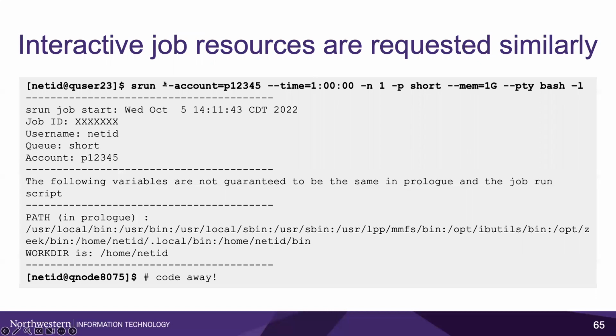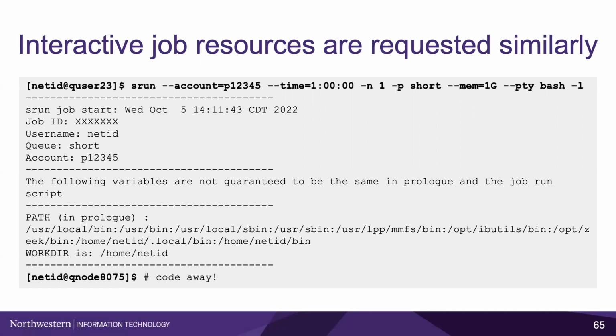Once you hit enter here, Quest will print a bunch of outputs on your terminal screen, and then eventually you'll be directed to a prompt. The way that you know that you have been brought to a compute node is by looking at this prompt. In this first prompt, you can see that it says quser followed by two numbers.